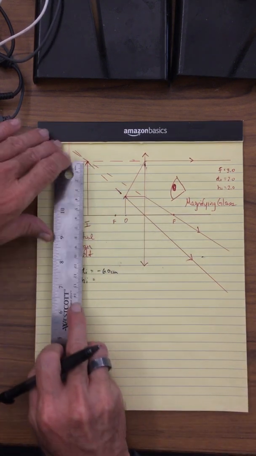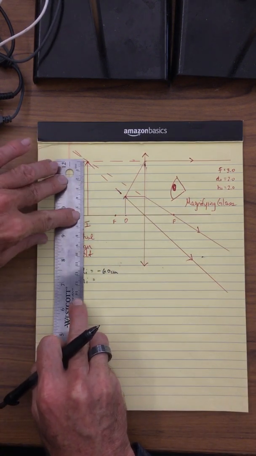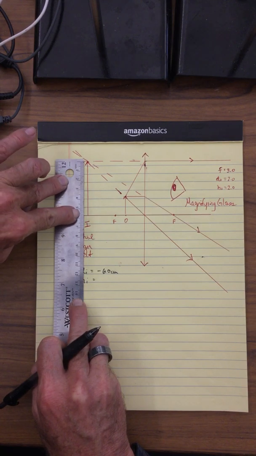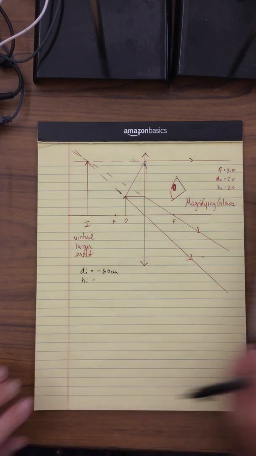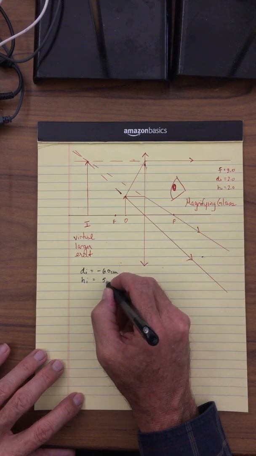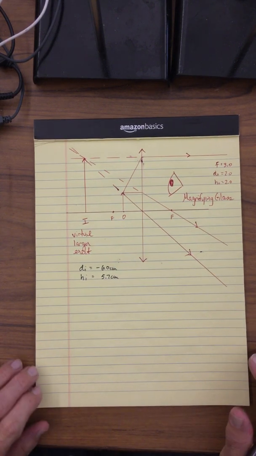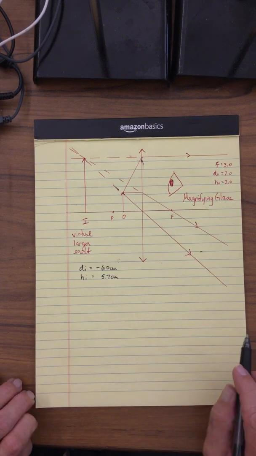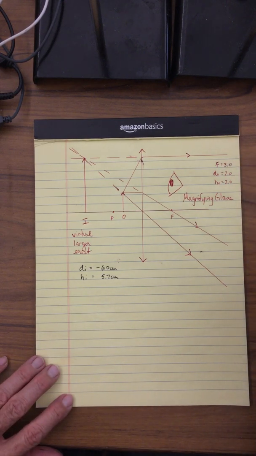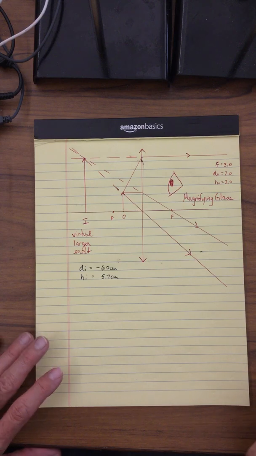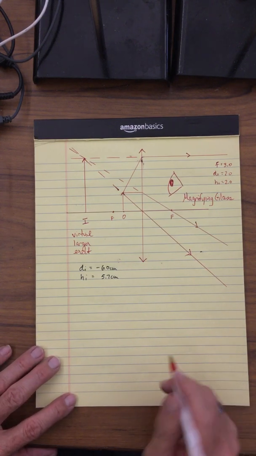Let's go ahead and measure the height of this. For me, I got about 5.7, we'll say. So 5.7 centimeters. Let's go ahead and calculate what the distance of the image should be based upon the lens mirror formula. I'm going to show you that the lens mirror formula also applies to lenses.